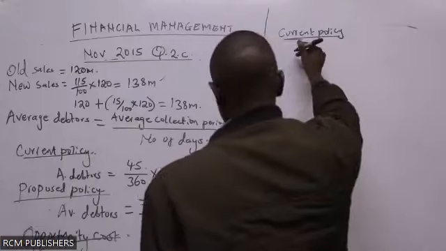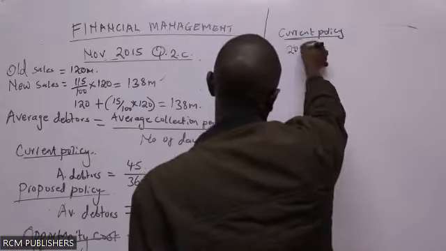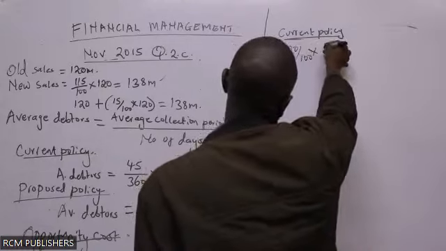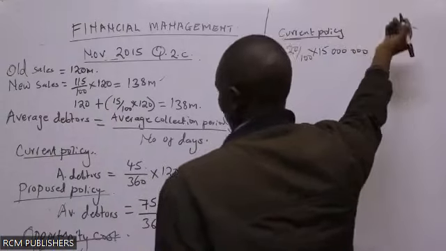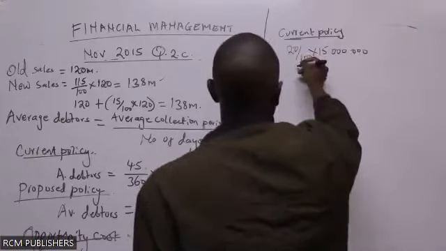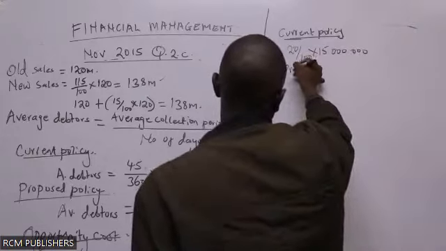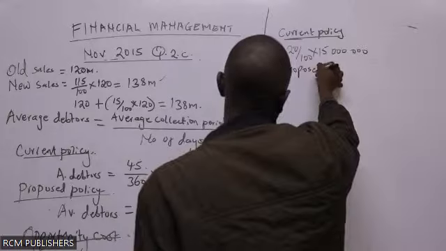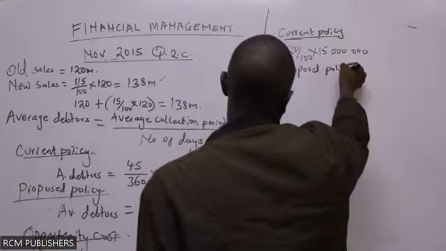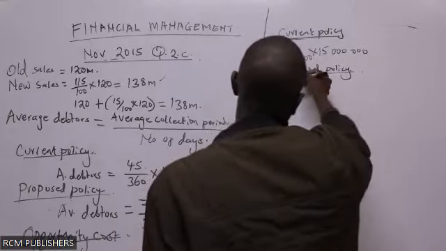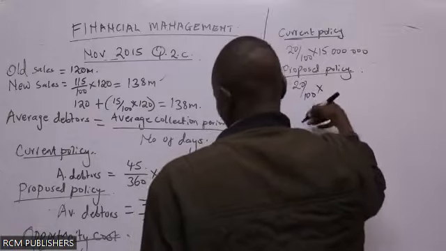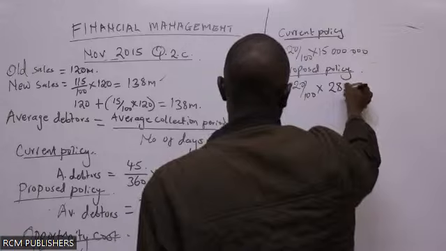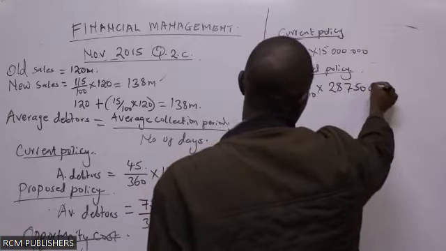So our current policy return is 20% of 15 million, which gives 3 million. And then the proposed policy also gives 20%. The return we are given is 28,75,000.